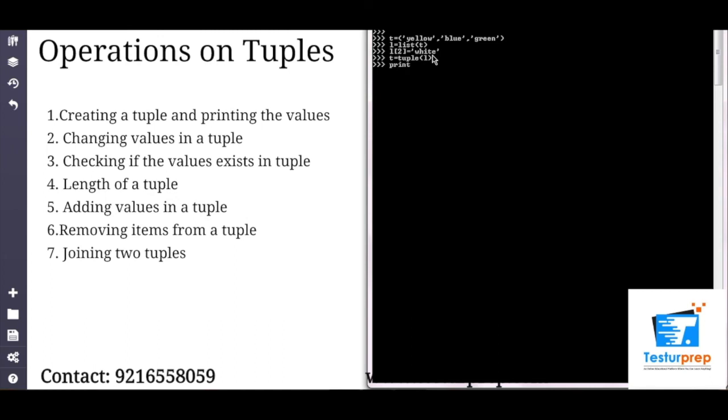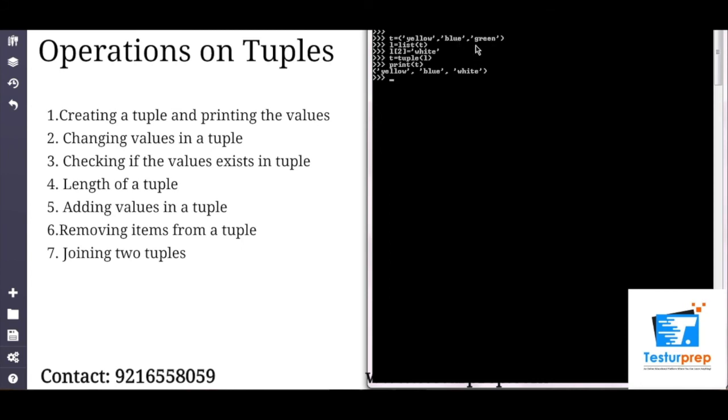Now let's print the tuple. And now you can see that I've added white in place of 2, that is green. So this is how I will add my element in it.